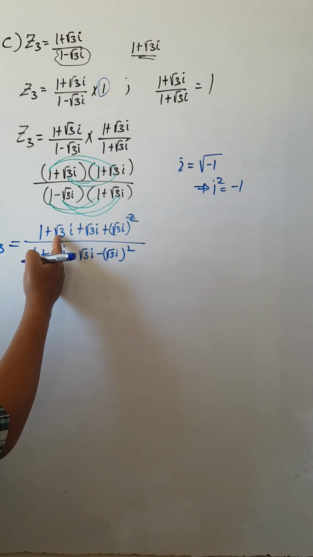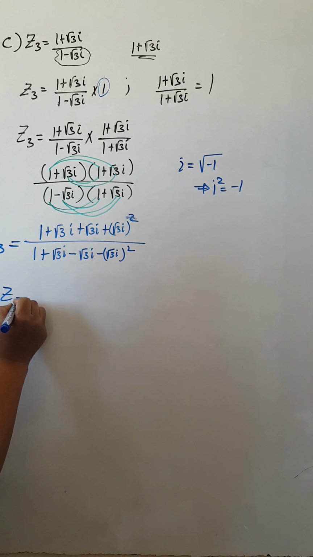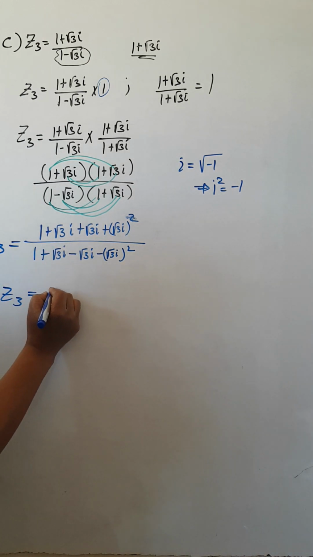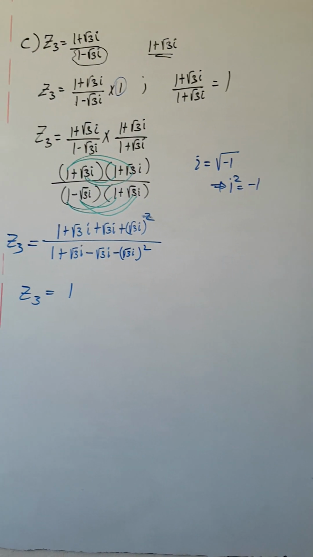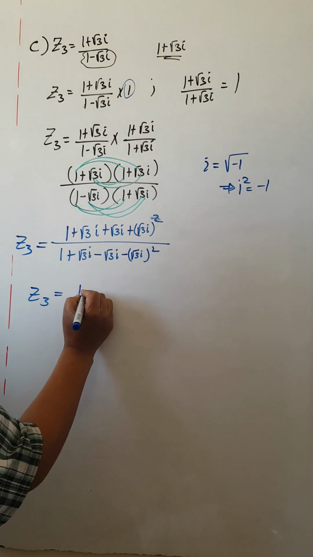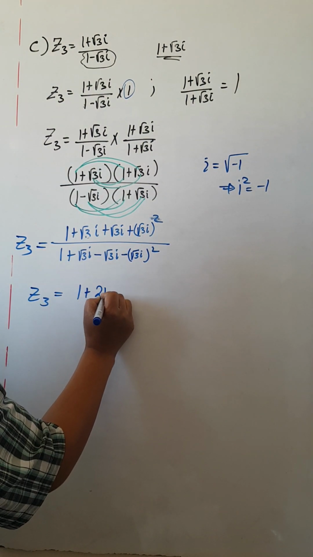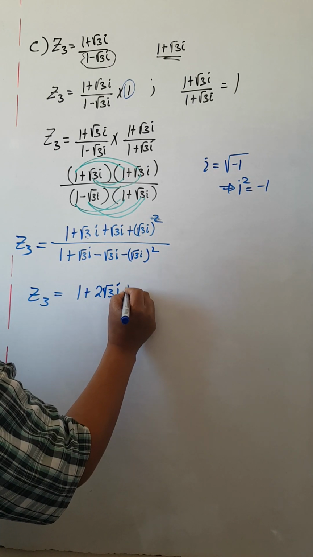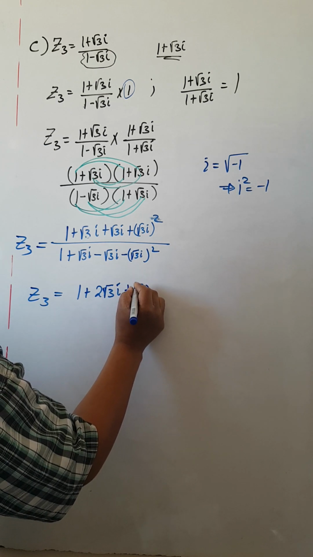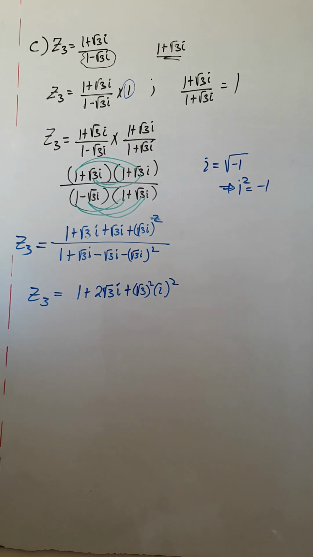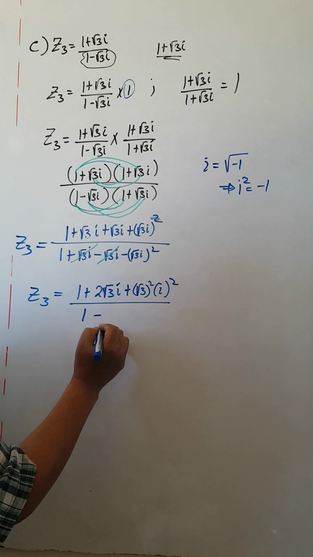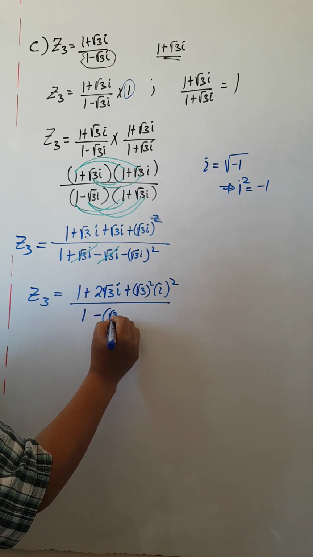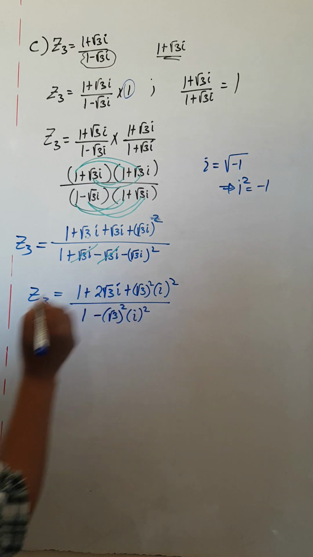Now Z3 is equal to 1 plus 2 times √3i, plus √3 squared times i squared, divided by, now this is cancelled out, √3i negative, positive, so 1 minus, again, √3 squared times i squared.